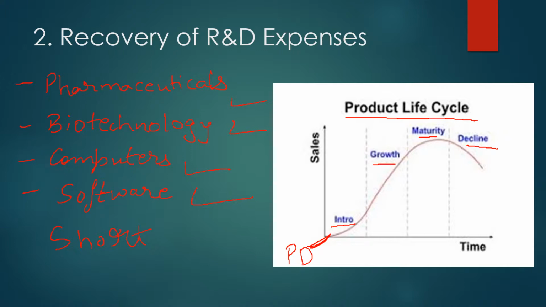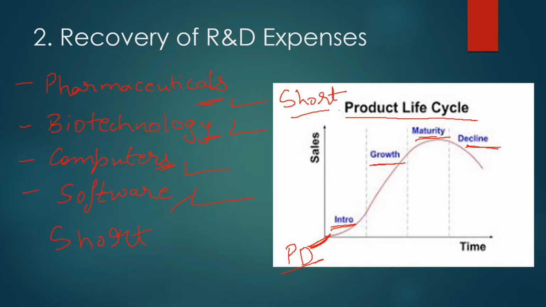So there are 5 stages. First one is the product development stage, introduction stage, growth stage, maturity stage, and the decline stage. Now for products like biotechnology, pharmaceuticals, computers, software, the product life cycle is very short.